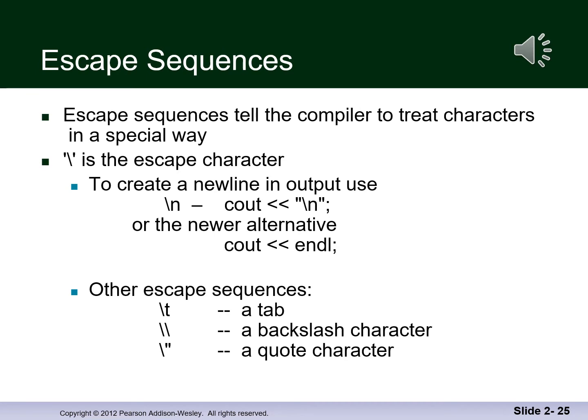Escape sequences tell the compiler to treat characters in a special way. The backslash is the escape character. You'll see it right above, well, on my keyboard, it's right above the enter key. I'm on a laptop, and I think that's rather standard. So to create a new line in output, use escape n.